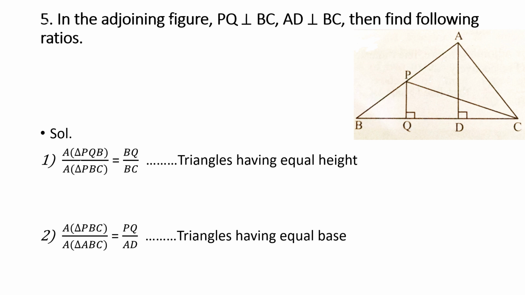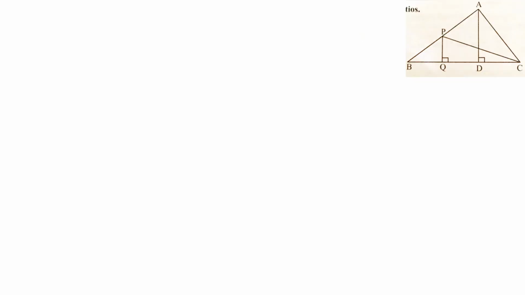Next is area of triangle PBC upon area of triangle ABC. Observe the diagram again. PBC and ABC. Again BC, which is the common base for both the triangles. So take the ratio of their corresponding height. PQ is the height of triangle PBC and AD is the height of triangle ABC. Observe the diagram, same diagram.